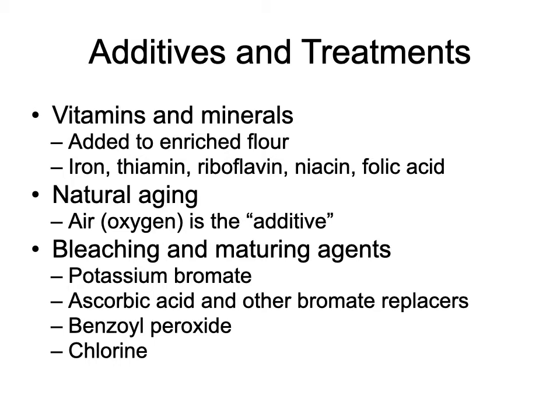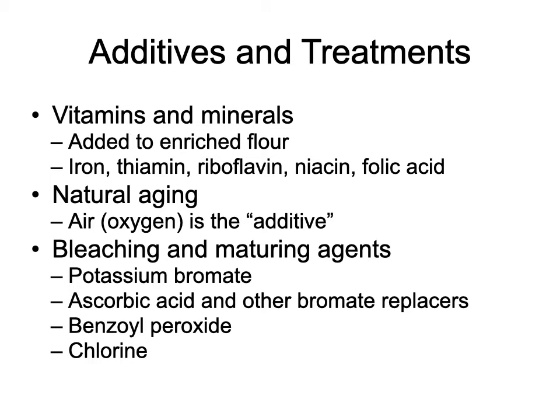Now there are additives and treatments. If you've ever seen the words enriched flour listed on the package, what they're doing by enriching is recognizing that in the process of processing wheat, you lose some vitamins. Vitamins get broken down and they lose some of their potency. So what they do is add some vitamins back into the flour. They're doing that mostly because of children.